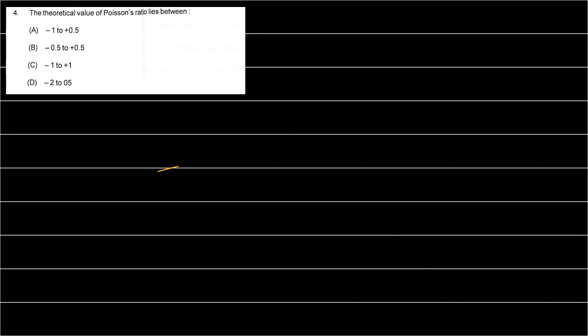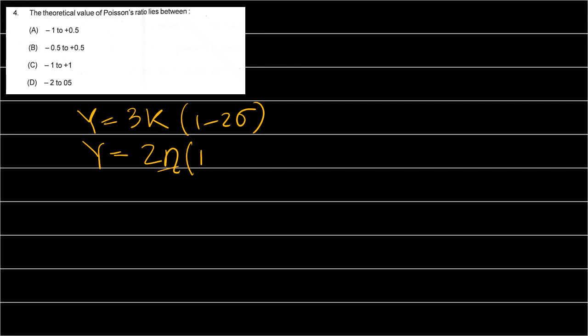To do this problem, we need to know two relations between Young's modulus, bulk modulus, modulus of rigidity and Poisson ratio. Young's modulus Y is equal to 3k(1 minus 2 sigma), and another is 2 eta(1 plus sigma).